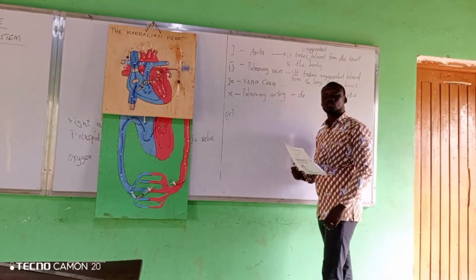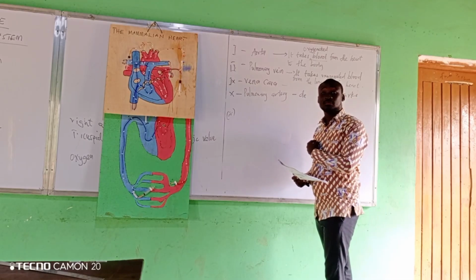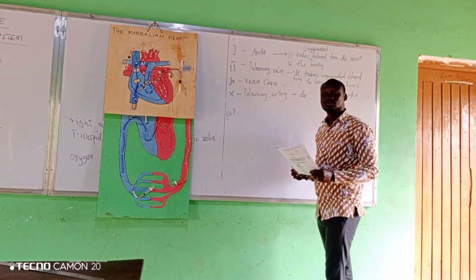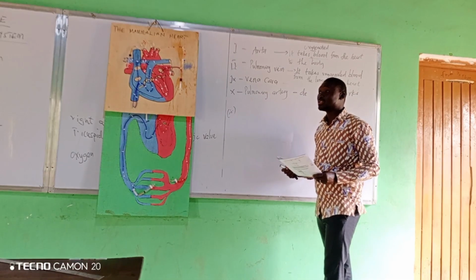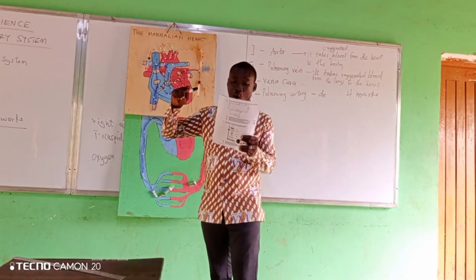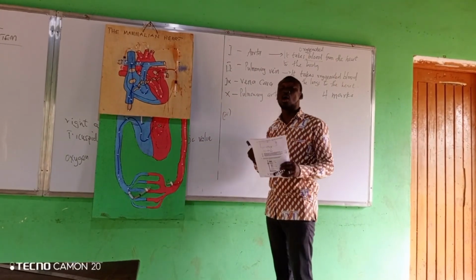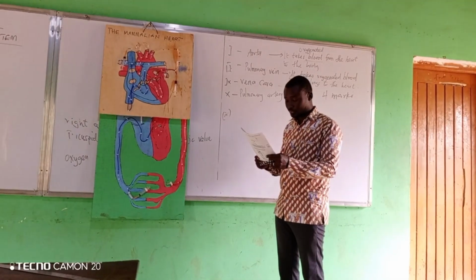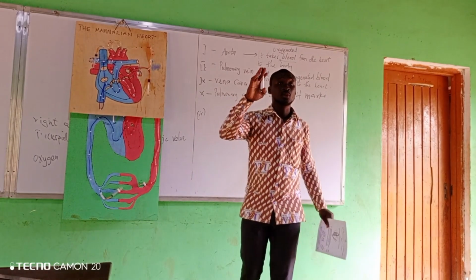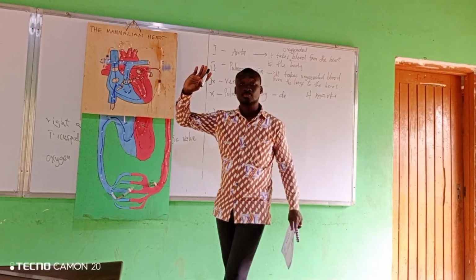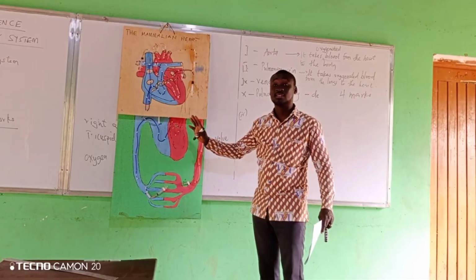Right now, we are learning about the heart. Name 2 parts of the heart where oxygenated blood can be found. You know we have 4 divisions of the heart.